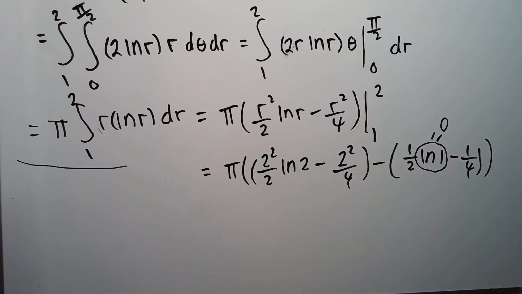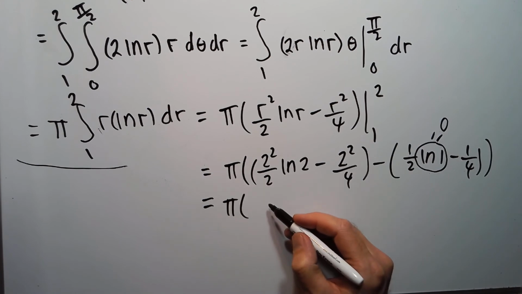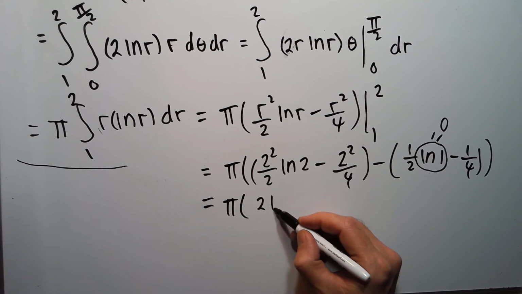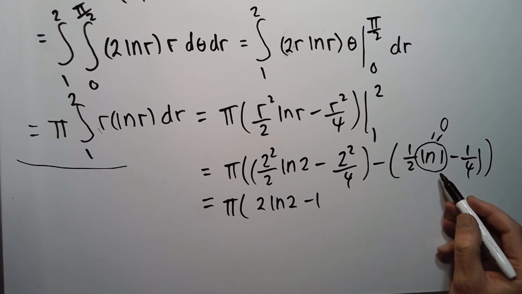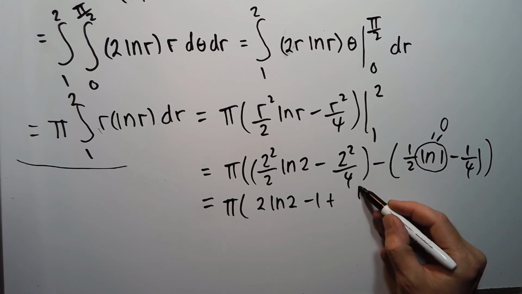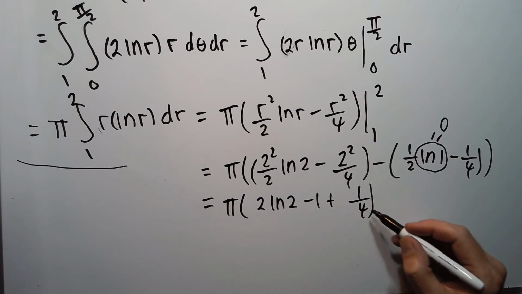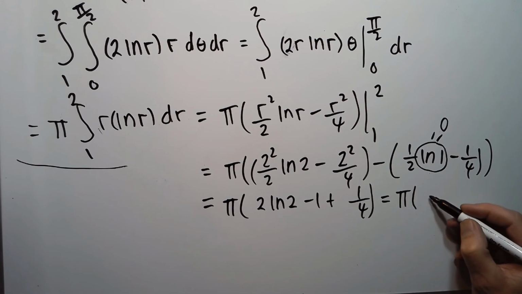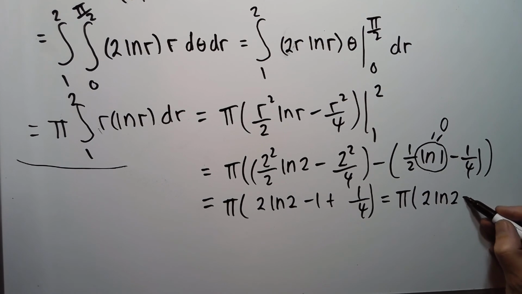So that's 2 ln of 2, that's 1, so minus 1, and it's gone, so it would be then plus a fourth. Then doing that subtraction, it'll be pi times 2 ln of 2 minus 3 over 4.